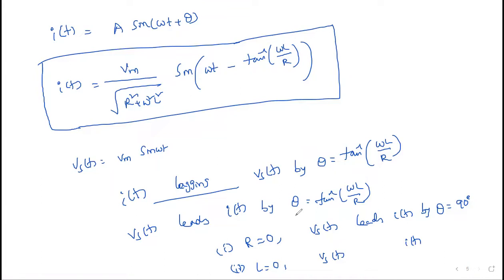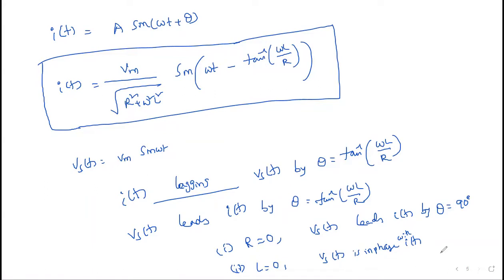There is no phase shift means both are in phase. Vs of t is in phase with i of t. That means there is no inductance. It is purely resistive. If the circuit is purely resistive, then voltage and current both are in phase.